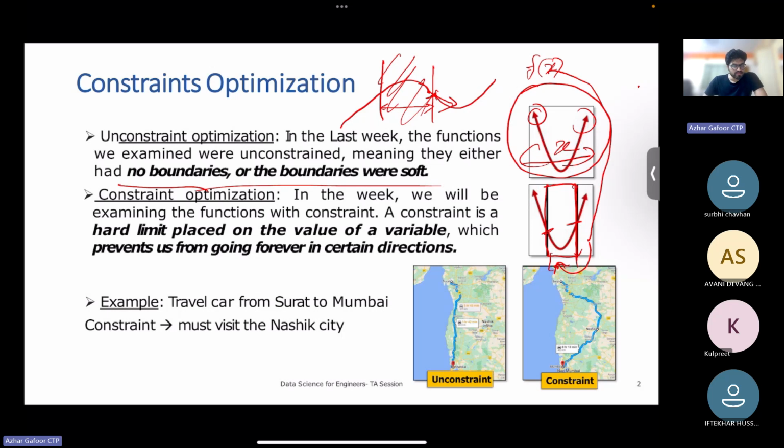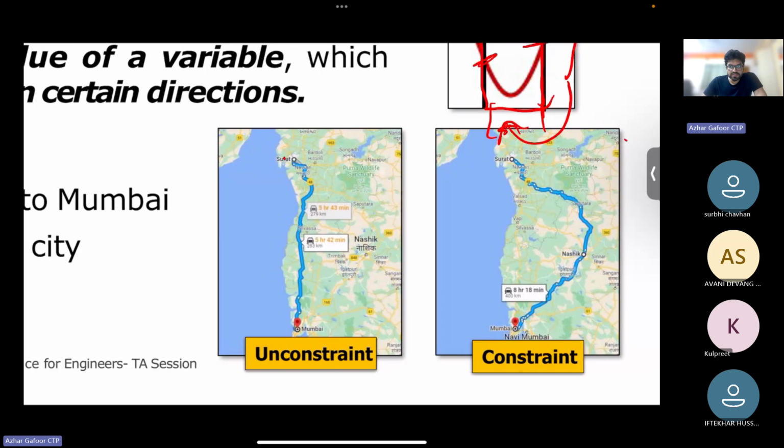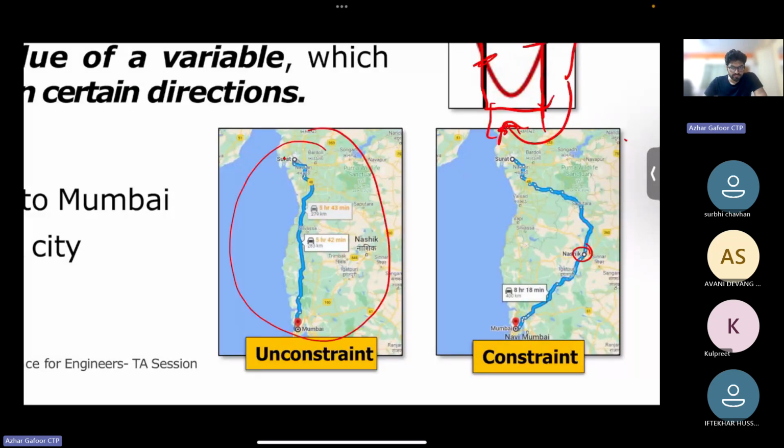One practical example that we can see now is this. We want to travel from Surat to Mumbai. That is our aim. But in the second case, we are putting a constraint: we have to visit Nashik city on our way to Mumbai. If we take this route, we cannot meet the constraint.